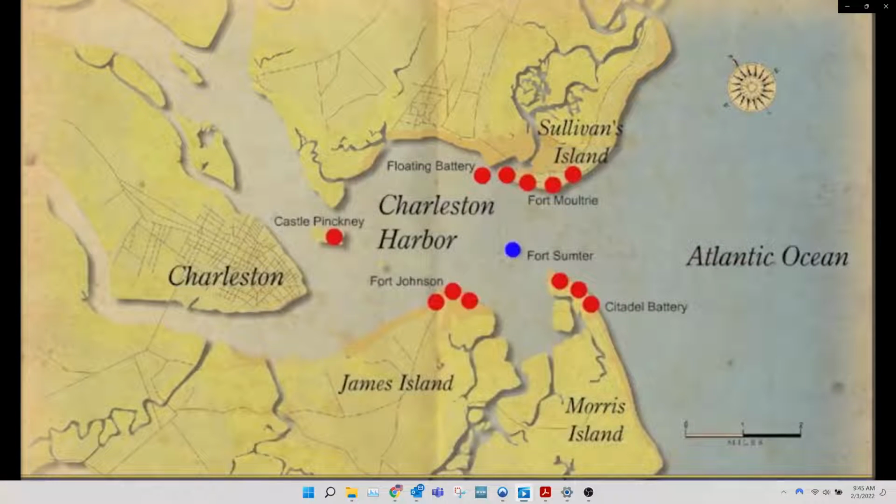Anderson was running low on provisions, and in January, a Federal relief ship left New York with supplies for Fort Sumter.